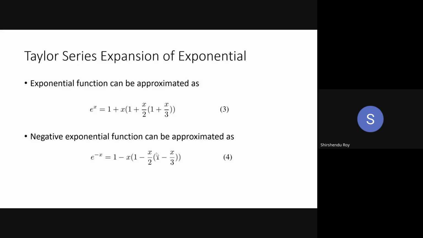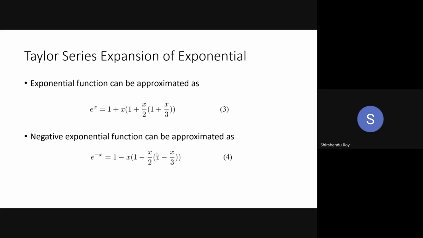Next, the Taylor series expansion of the exponential can be expressed this way by a series configuration. Here e to the power x is equal to 1 plus x into 1 plus x by 2 into 1 plus x by 3. This is equation 4. For the negative exponential function, we can express it like that: e to the power minus x is equal to 1 minus x into 1 minus x by 2 into 1 minus x by 3.